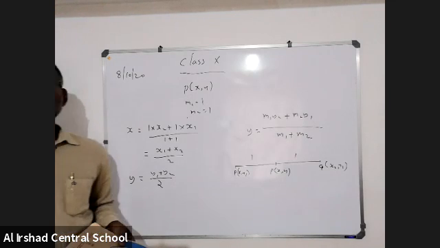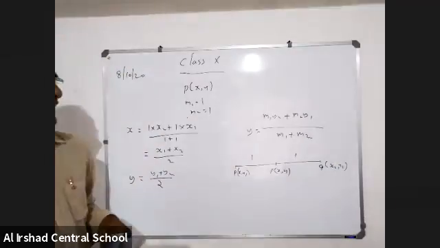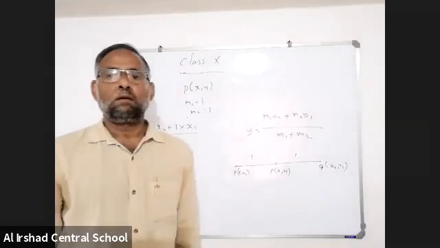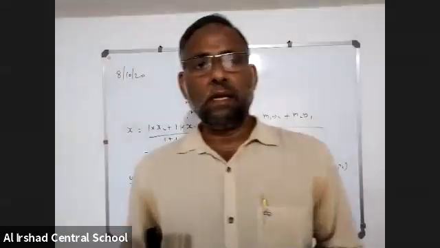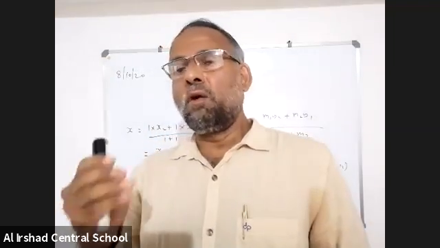Sometimes you can see in the question paper also. Here you have half. Trisection, one question I saw that. What do you mean by trisection? It's bisection. Bisection means cutting. Trisection means cutting into 3 parts. Equal 3 parts.